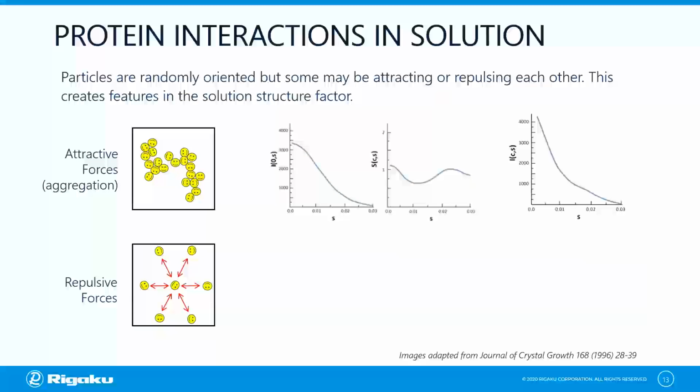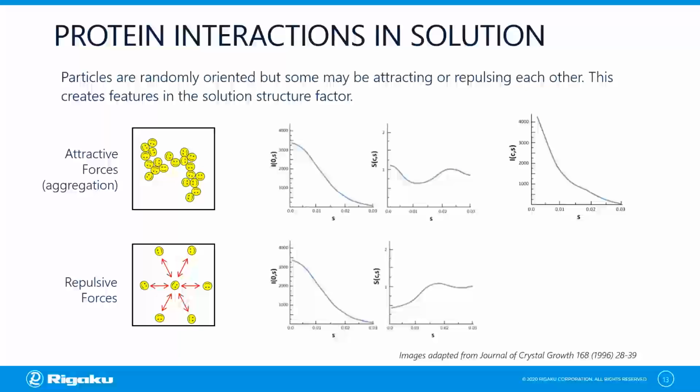And the consequence of that is we're going to end up with a product where there's a strong uptick in intensity at low angle. So this is a telltale hallmark of aggregated protein solution, and we'll want to keep an eye out for that.